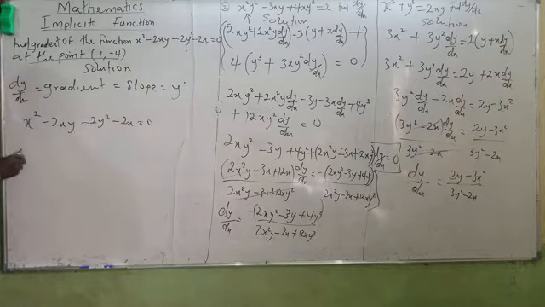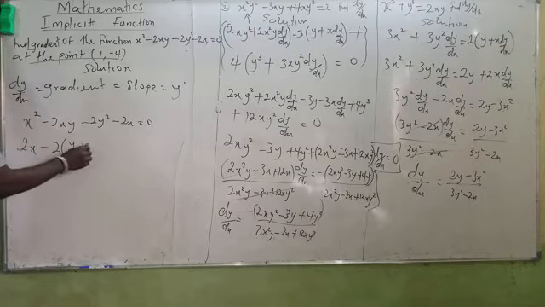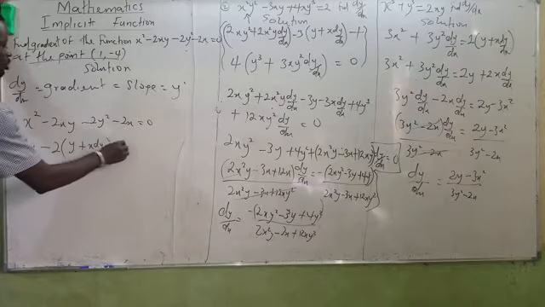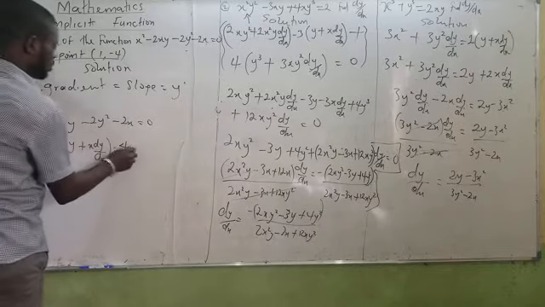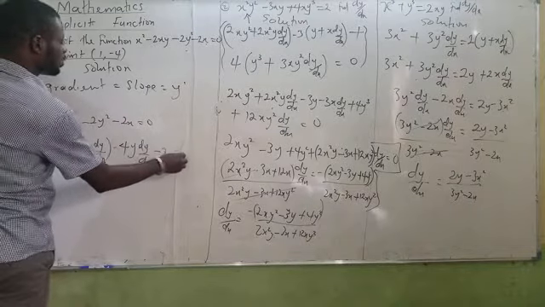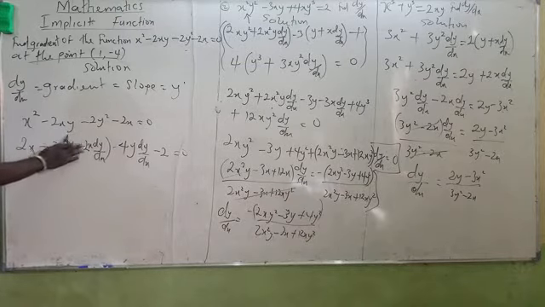Now, differentiate this, I will have 2x. How do I differentiate? This one will be minus 2 bracket of y plus x dy/dx, minus 2, minus 4y dy/dx, and minus 2 equals 0. I've successfully differentiated. Now, at this point, this will be 2, this will be 2y, which is going to be minus here, because I've opened brackets immediately.